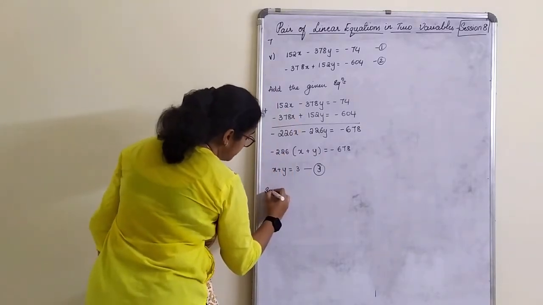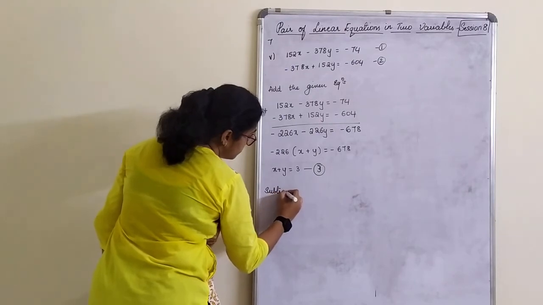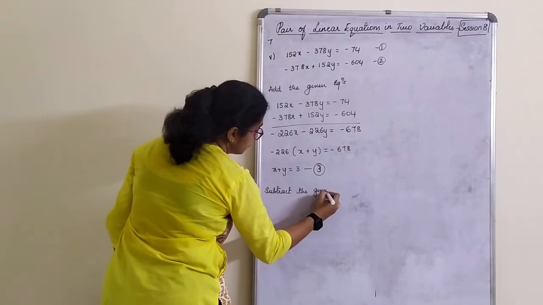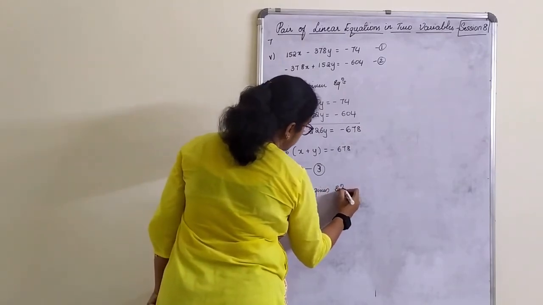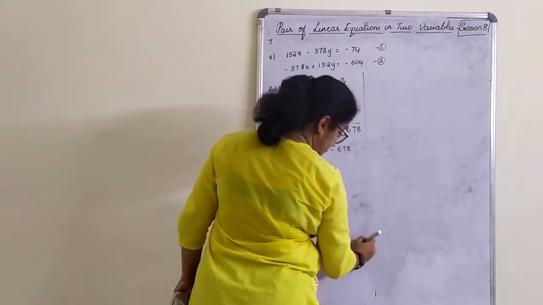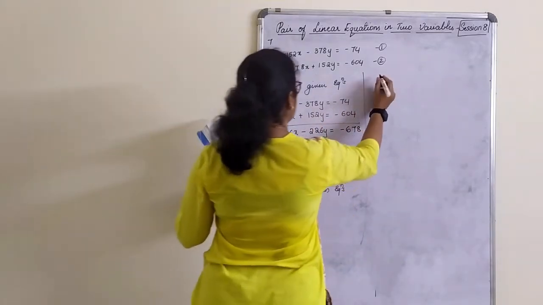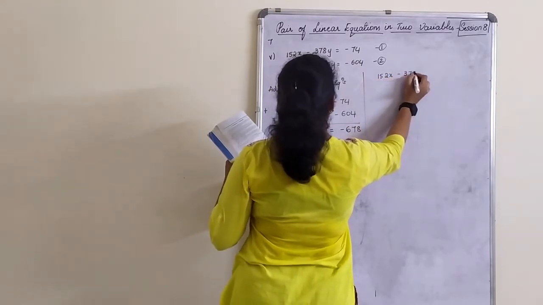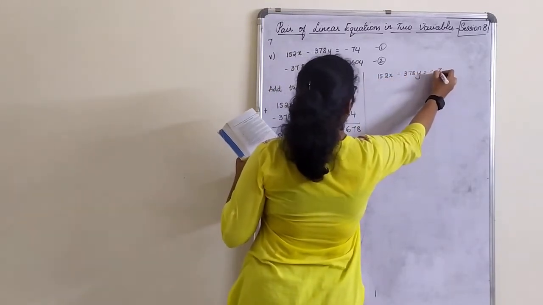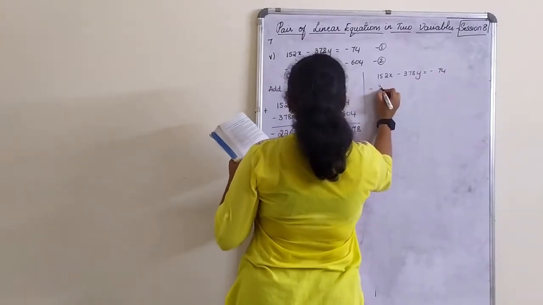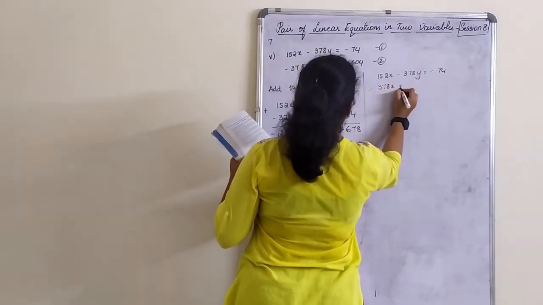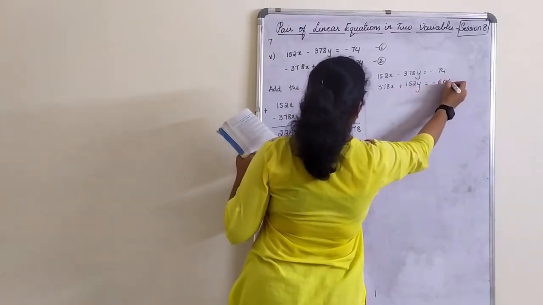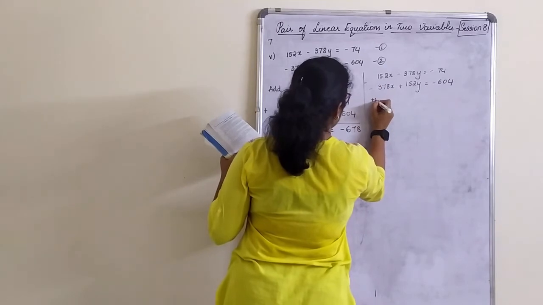Subtract the given equation. Okay, I'll do this side, children. So it is again 152x minus 378y is equal to minus 74. Minus 378x plus 152y is equal to minus 604. We actually subtract them.